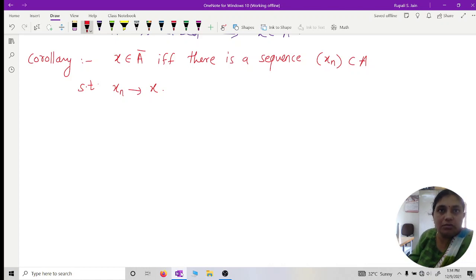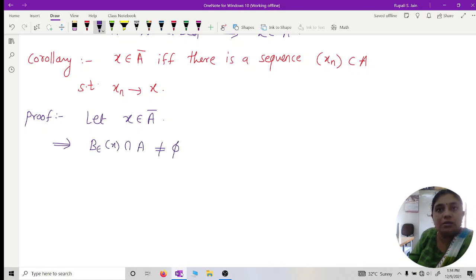And conversely. Proof: let X belong to A closure. Then B epsilon of X intersection A is non-empty for every epsilon greater than 0 by the above theorem.